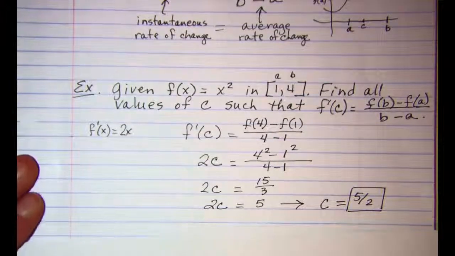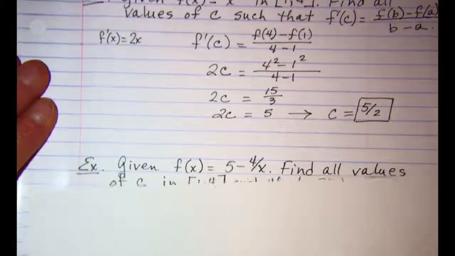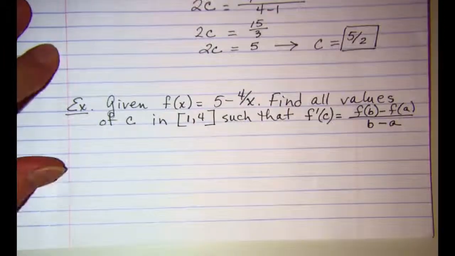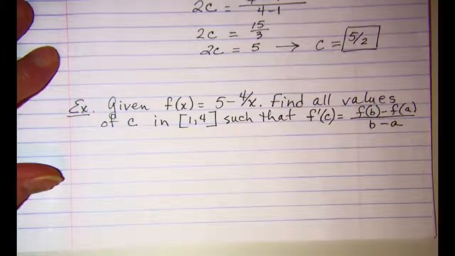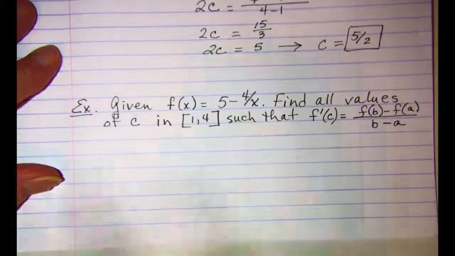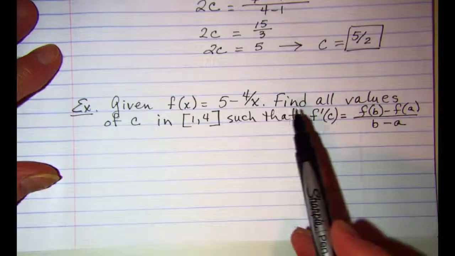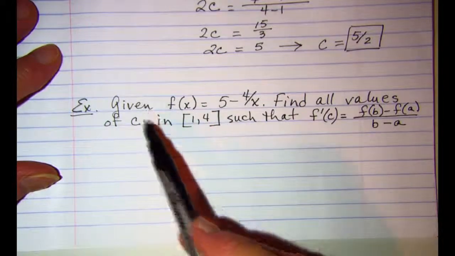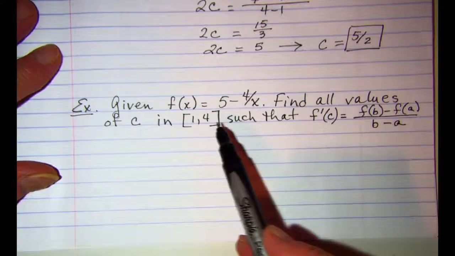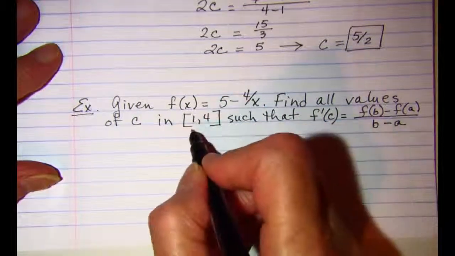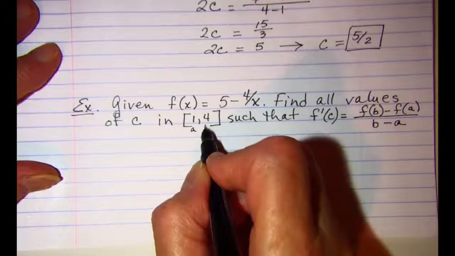Let's do another problem then. Given f of x is equal to 5 minus 4 over x, again, find all values of c in the interval from 1 to 4 so that this is true. So this will be my a value and this will be my b value.